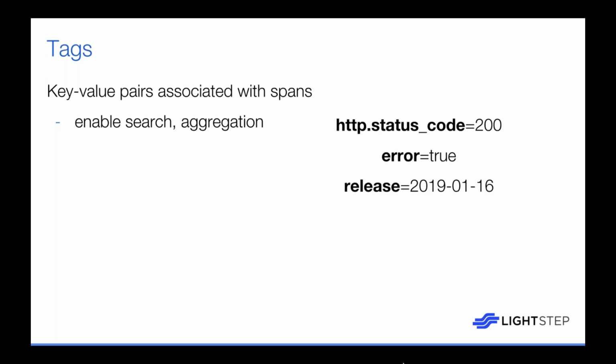It might be the version of the software that you're running, or the version of this service anyway. It could be things about your infrastructure, something about your host, or the data center that you're in, or the network that you're using. But you can get even more fine-grained than that. You can start talking about individual customer or user IDs. This would allow you to search for spans associated with a particular customer, or to aggregate them in some interesting way.